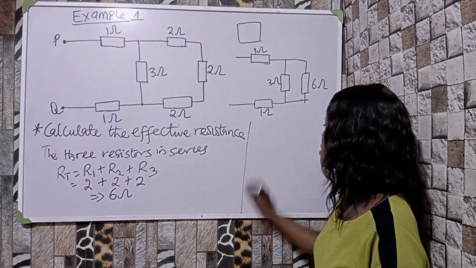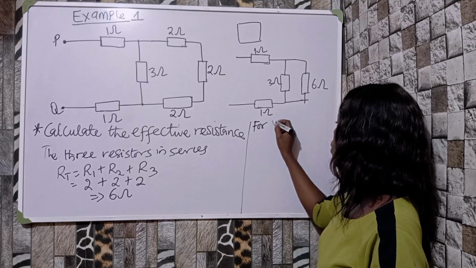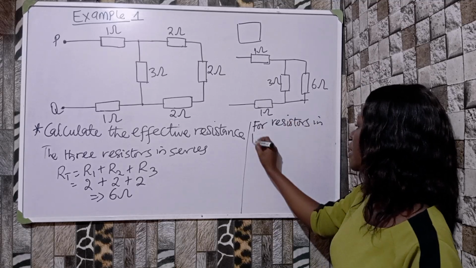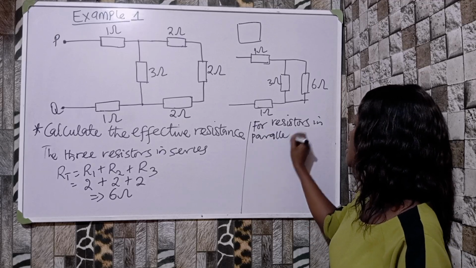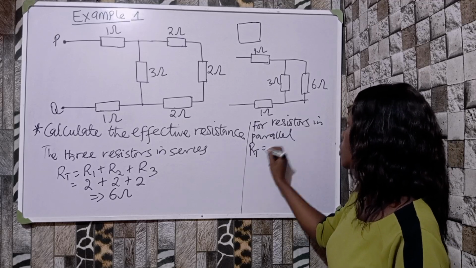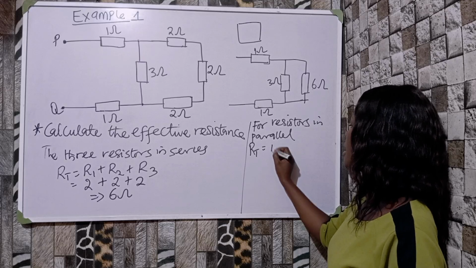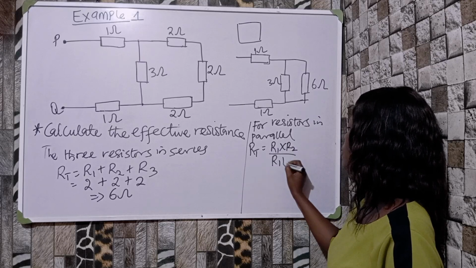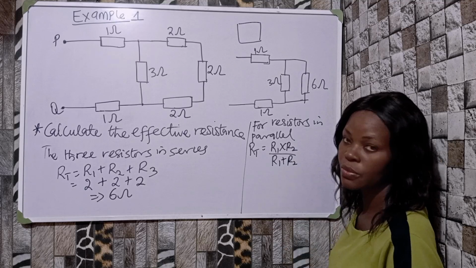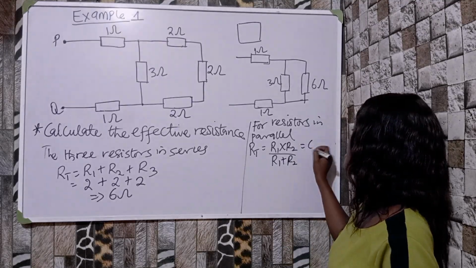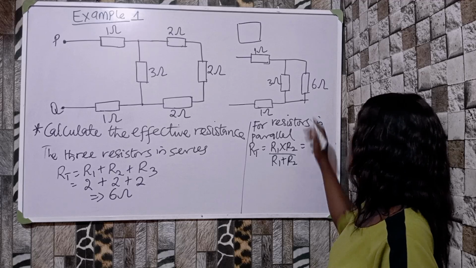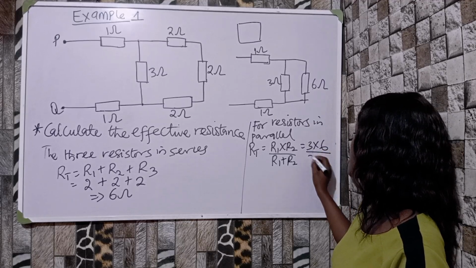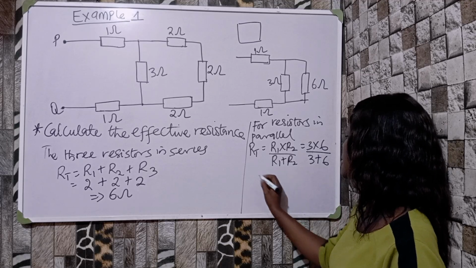Okay? So I will now say for resistors in parallel, RT is equal to just these two. I will say R1 times R2 over R1 plus R2, that is 3 times 6, divided by 3 plus 6.